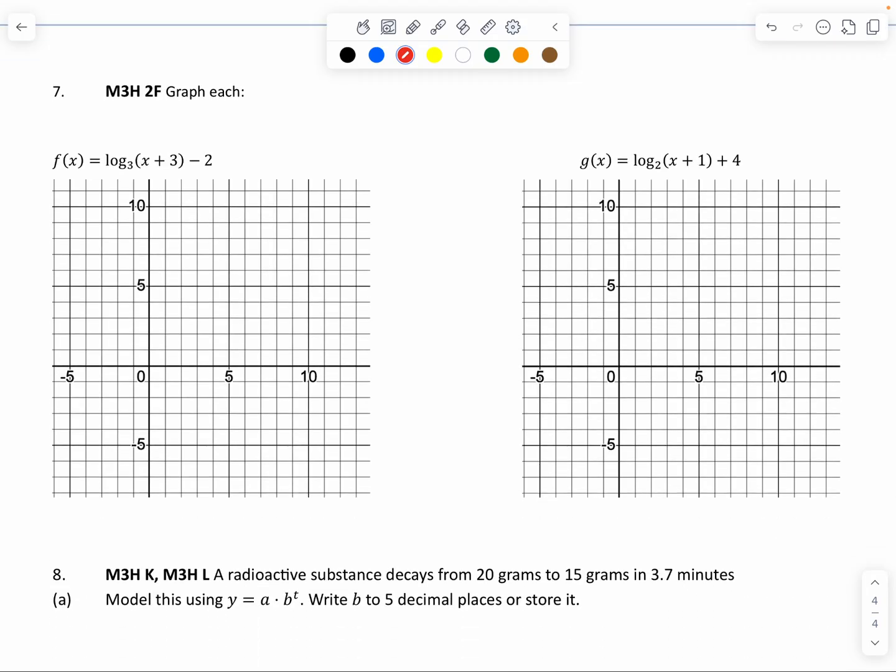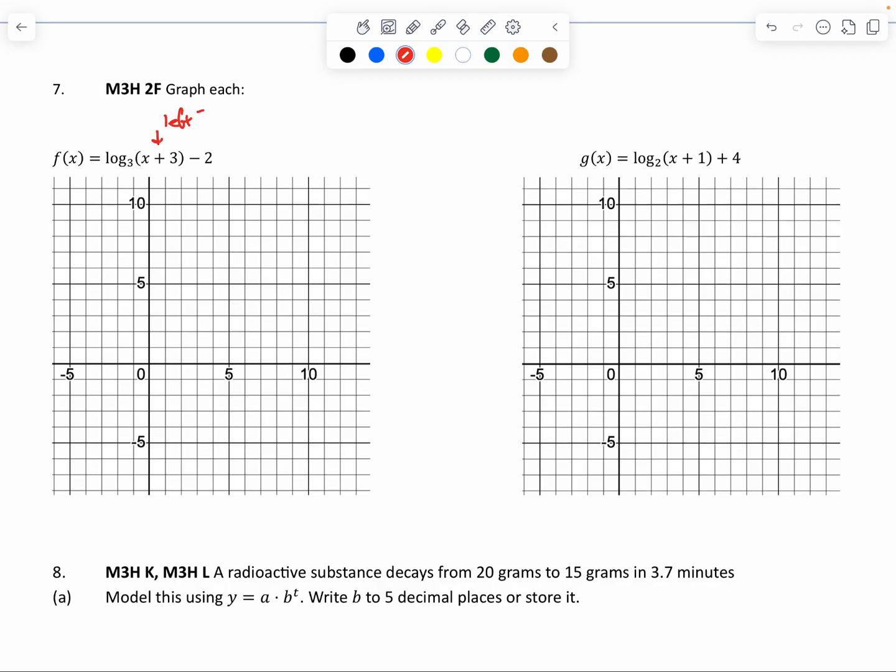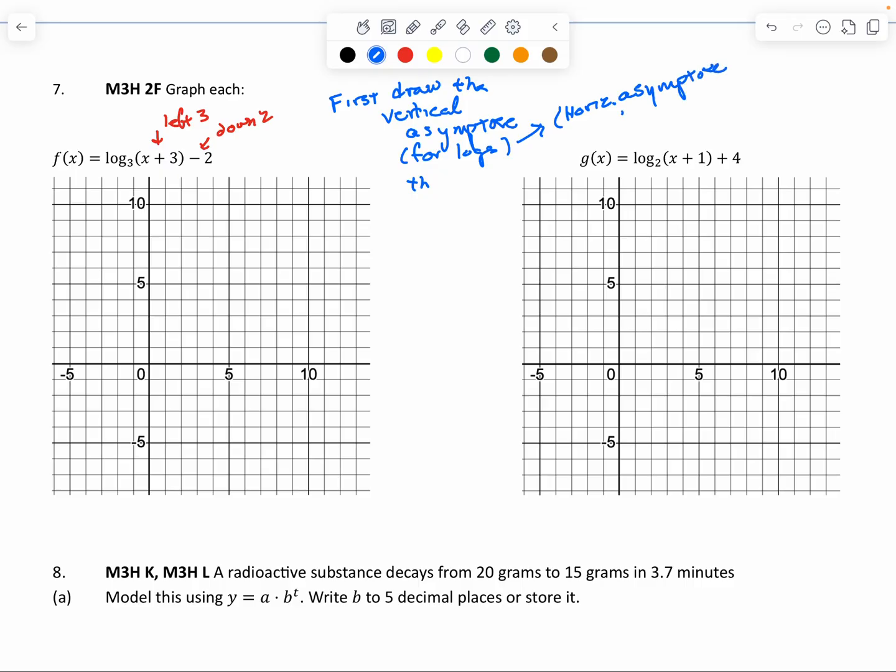Last page, yay. So, left 3, down 2. What's the procedure? First, let me write it this way.